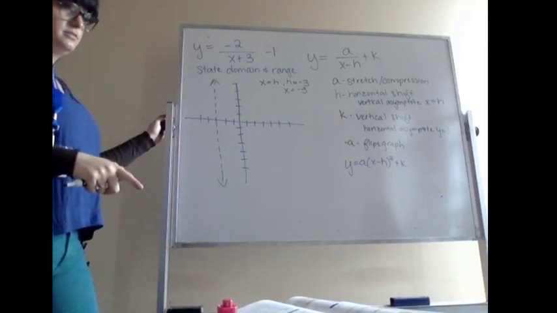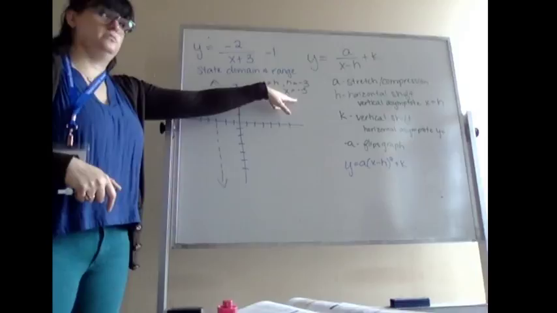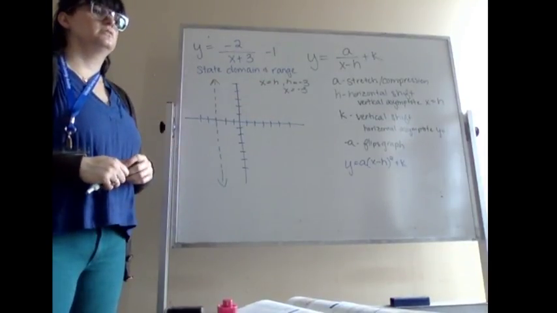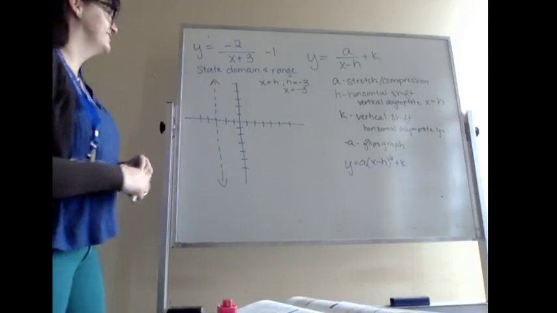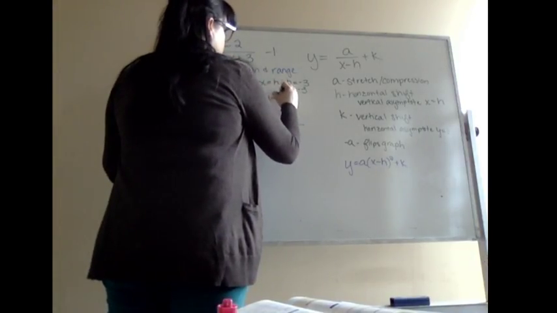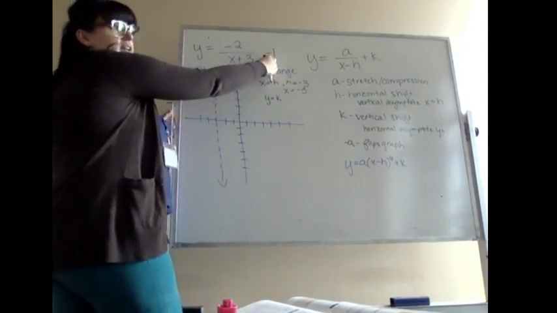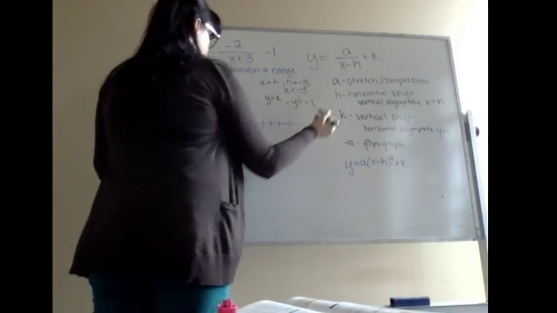Does that make sense? Okay, now my horizontal asymptote is going to be y equals k. Well, here, k is -1. So I know that I have a horizontal asymptote at y equals -1.